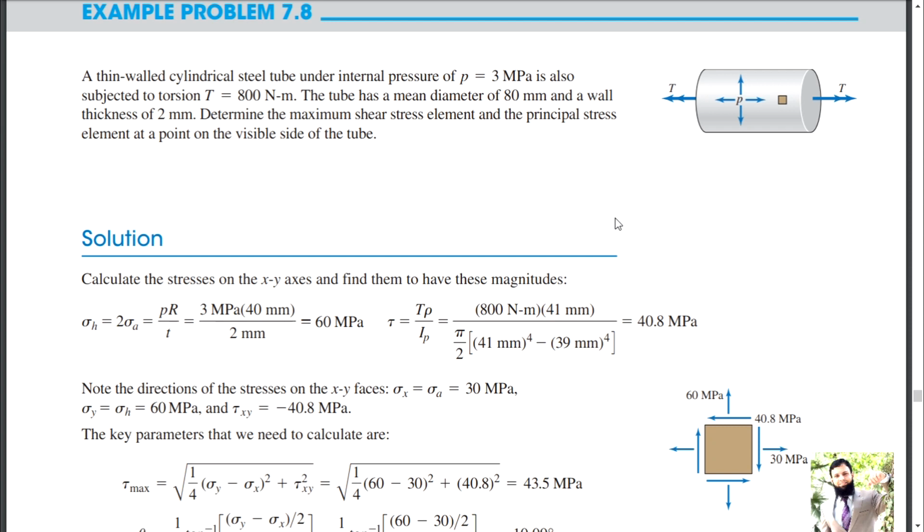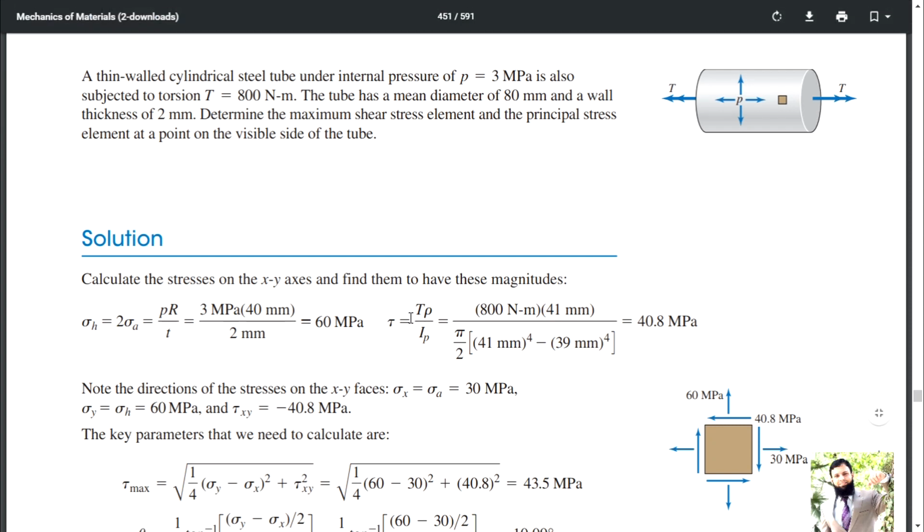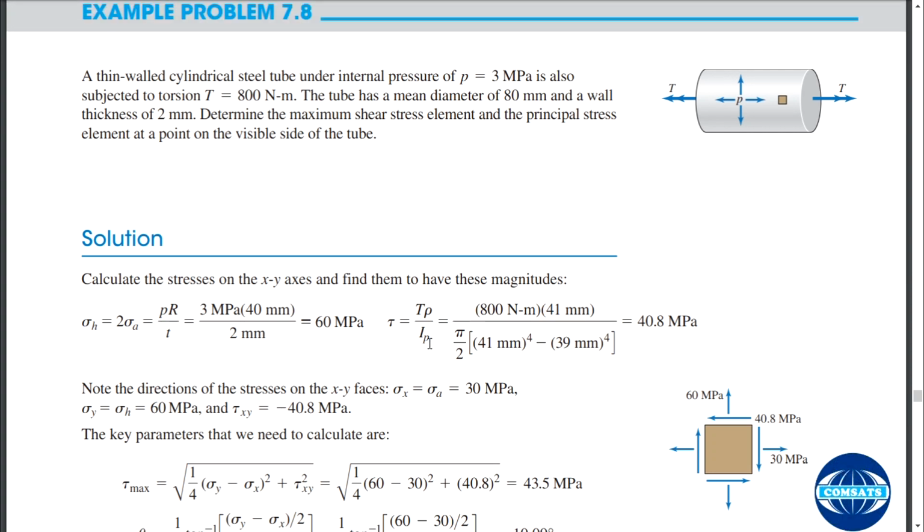Anyhow, due to torsion, tau max is equal to Tp divided by I, or polar moment of inertia J. T is the torsional force, and p is the radius; many books have written r. This is the radius of the outermost fiber. Maximum shear stresses, torsional stresses, are at the outer fiber.